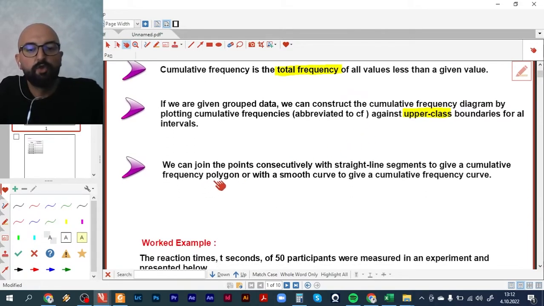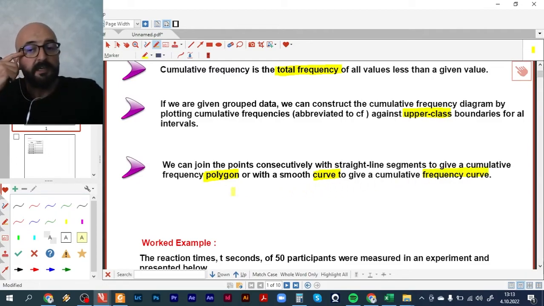We can join the points consecutively with straight line segments to give a cumulative frequency polygon, or with a smooth curve to give a cumulative frequency curve.